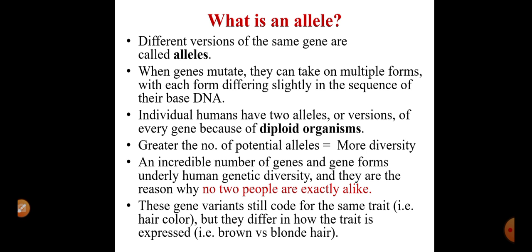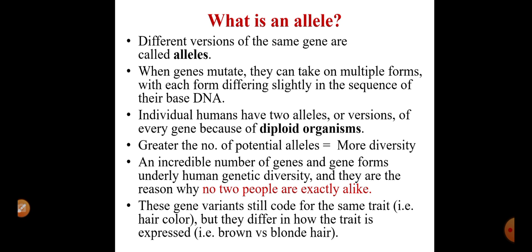Obviously, if there is a greater number of potential alleles, more will be the diversity. And this is why no two people are exactly alike. Even we are not exactly carbon copies of our parents. An incredible number of genes and gene forms underlie human genetic diversity. And these gene variants still code for the same trait.